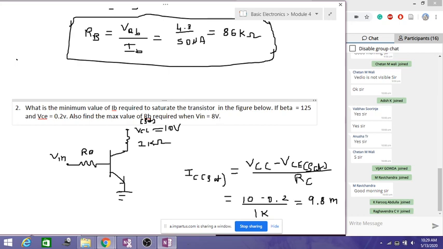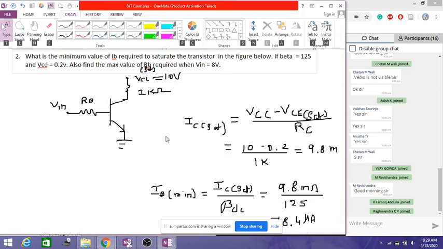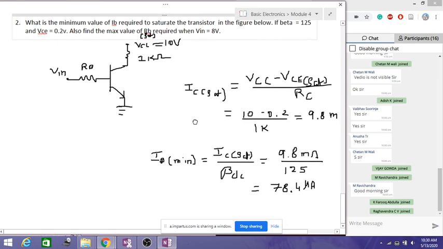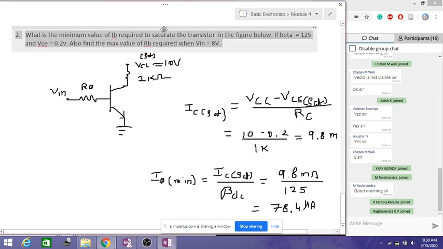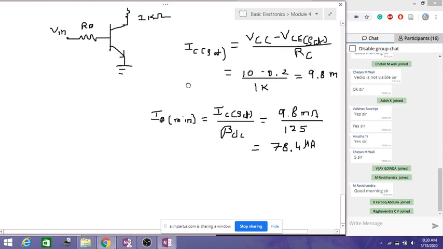So we have to also find what is the maximum value of RB. Let me put this question a little above, it is not visible. Yes. So we have to find the maximum value of RB when Vin is equal to 8 volts.